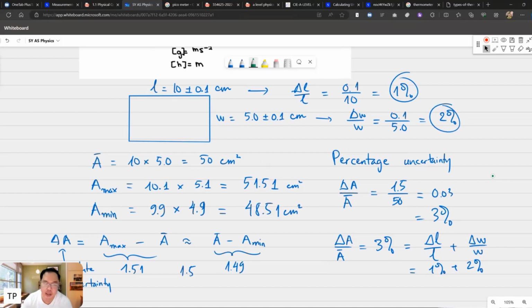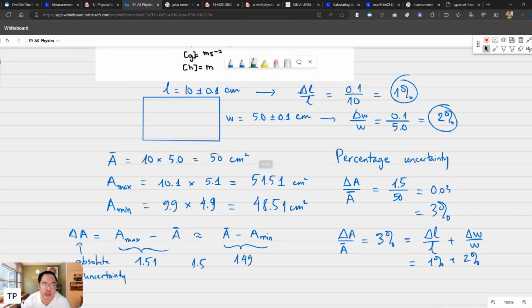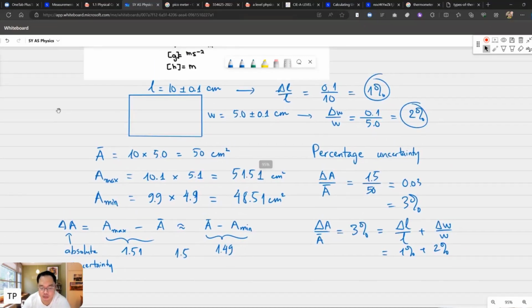So the first formula that you need to try memorizing and practice when solving problems is this: when you have a quantity x equal to a over b, or x equal to a times b, it doesn't matter, division or multiplication, the percentage uncertainty of x will always equal the sum of the percentage uncertainty of a and the percentage uncertainty of b.